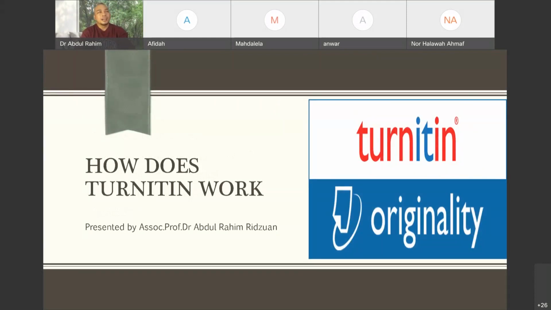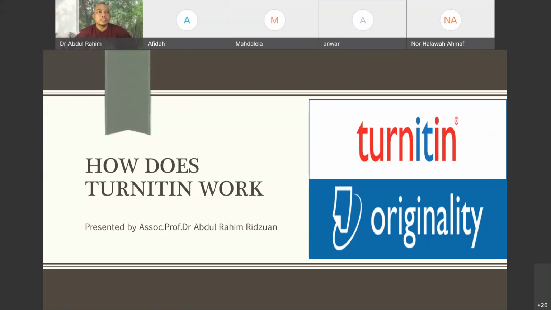For information, I myself have used Turnitin for more than 5 years. Every lecturer in the university has free access to this account. This account is very important for checking our similarity index, especially for our student assignments as well as our research papers.